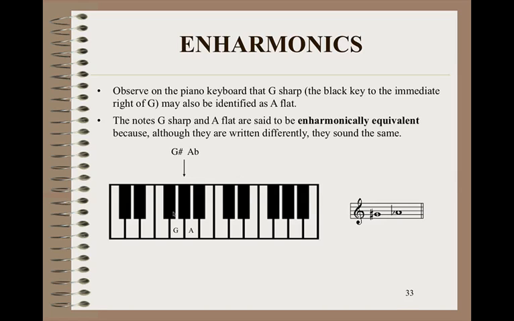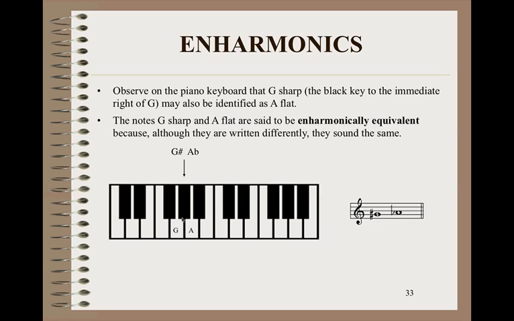Now the same thing applies to another kind of term that we're going to be looking at, and it's referred to as enharmonics, and it's a Latin term that means the same. So what I have is a diagram here. I have a black key right in the middle of the three black keys.